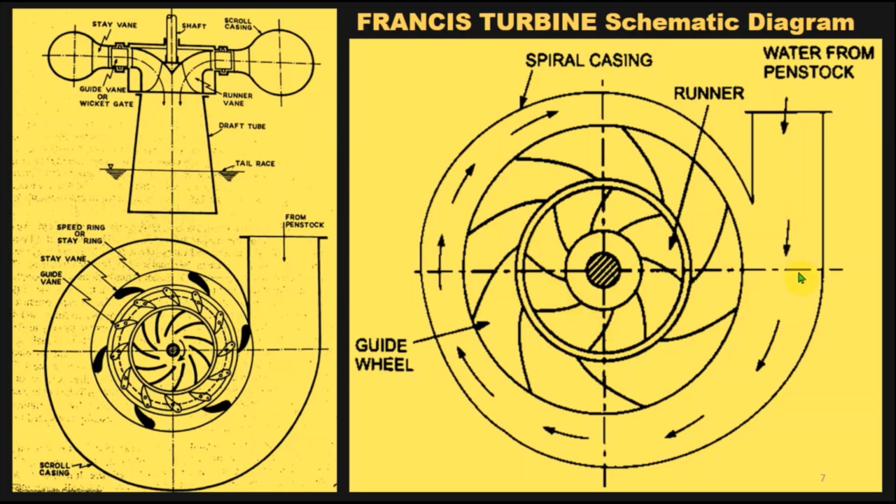So throughout the flow, through the casing, then through the guide vanes, and then through the runner vanes, the reduction in flow area occurs, and consequently there is energy conversion from pressure energy to kinetic energy. Finally, the increased kinetic energy is transferred to the runner vane.